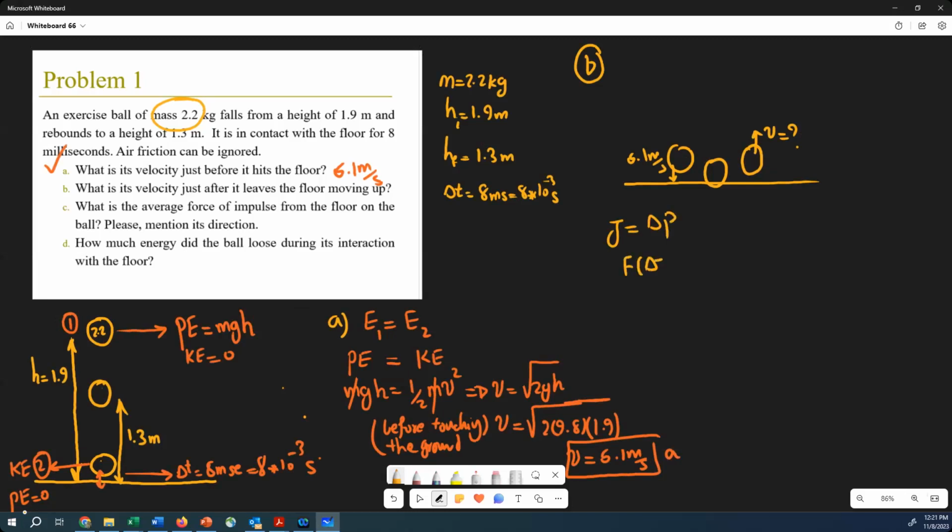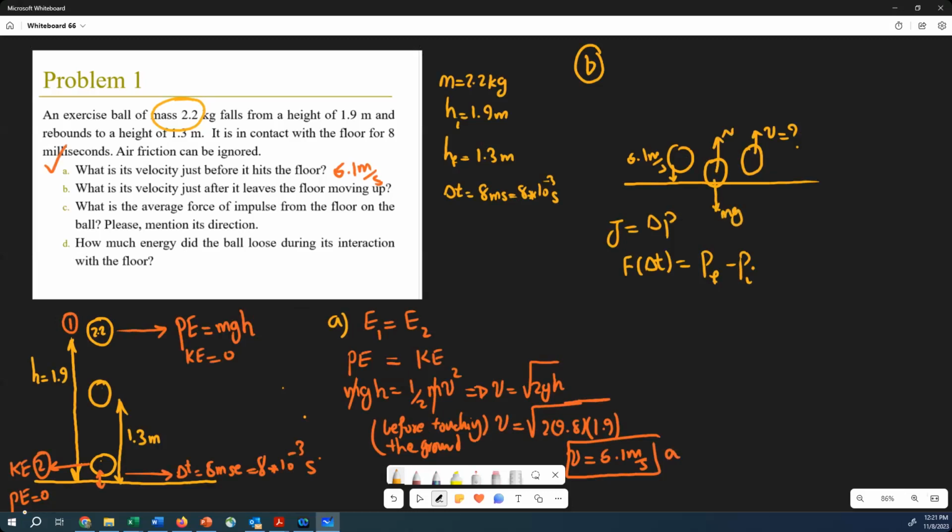F delta t equals P_f minus P_i. P_f is the momentum after bouncing off, and P_i is the momentum just before hitting the ground. F is the force which is exerted on the ball. What kind of force is exerted on the ball? When it's touching the ground, we have a normal force and the force of gravity, yes.